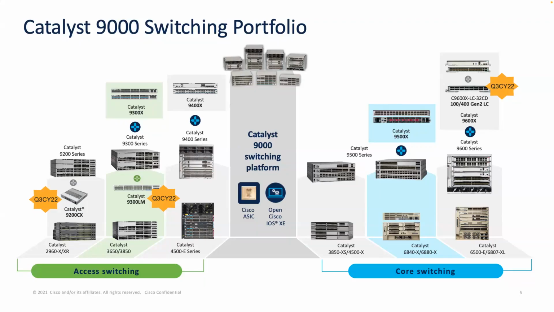One more thing I want to mention is about the hardware of the Cat9K switching platform. The Cat9K switches are powered by Cisco ASICs. Most of them are equipped with the Cisco UADP 2.0 or 3.0, and the latest ones, the 9500X and 9600X, are equipped with the very famous Silicon One ASIC, and the version ID is Q200.